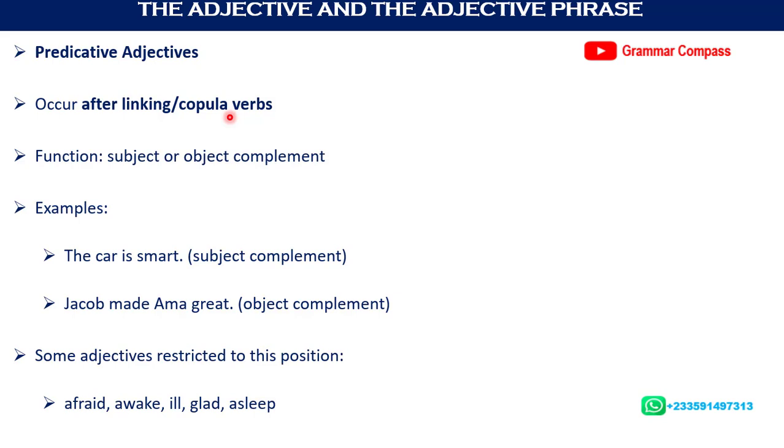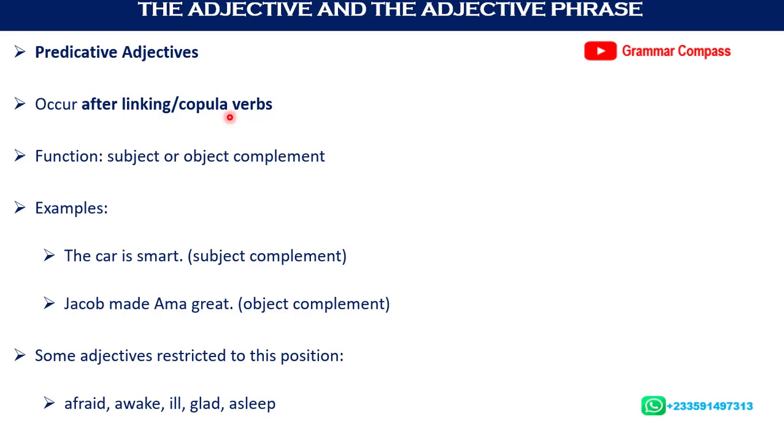All those are linking verbs. So when adjectives come after these linking verbs, they normally describe the noun in the subject position. Therefore, in this case, we call them predicative adjectives. They are found after the predicate, that is the verb.